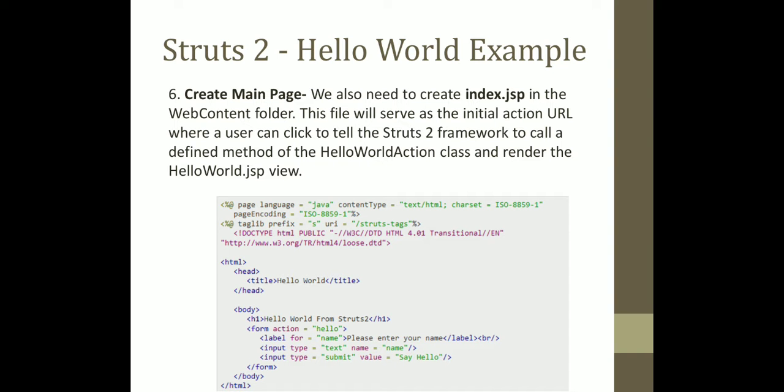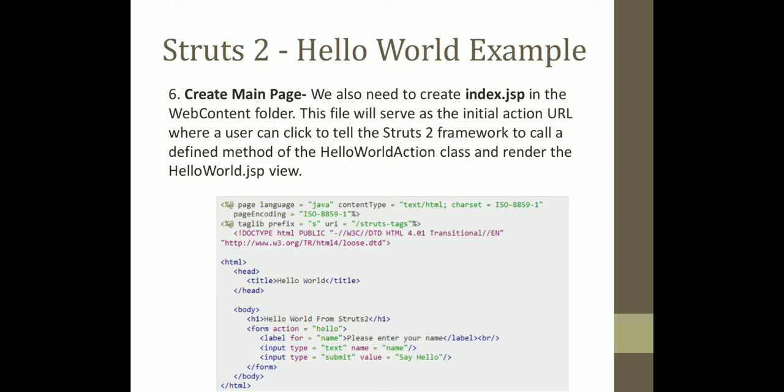We have used the page language as Java, content type as text/HTML, charset used is ISO-8859-1, and page encoding is ISO-8859-1, same charset and page encoding. Then the taglib prefix is s, URI is struts-tags.